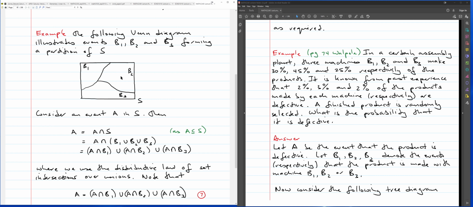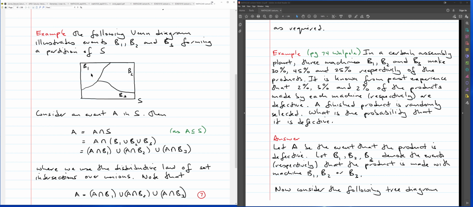Likewise, B2 is the event that the product was made by machine B2, and likewise for B3. A product is made by either B1, B2, or B3, and it's not made by anything else. Also, a product cannot be made by both machines B1 and B2.